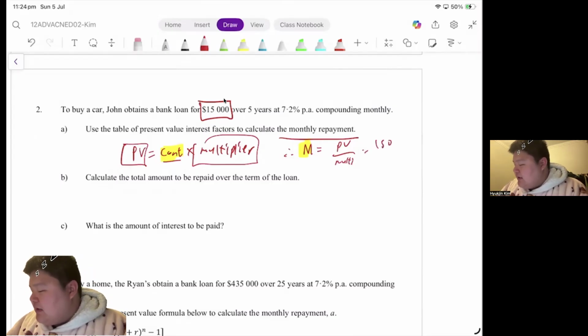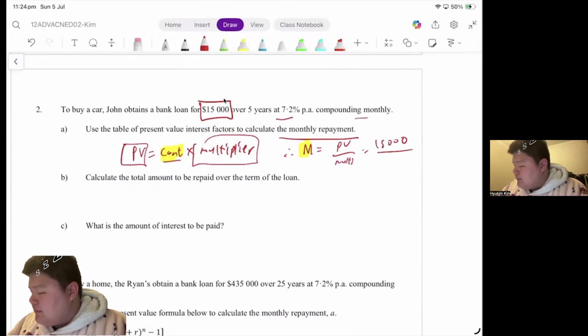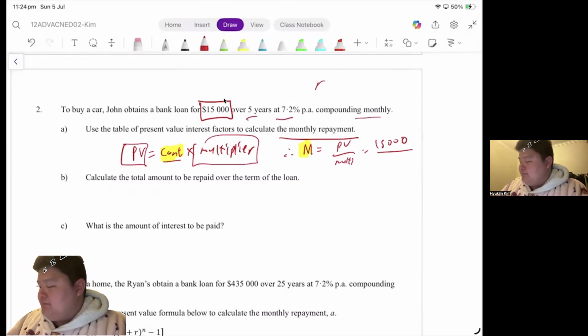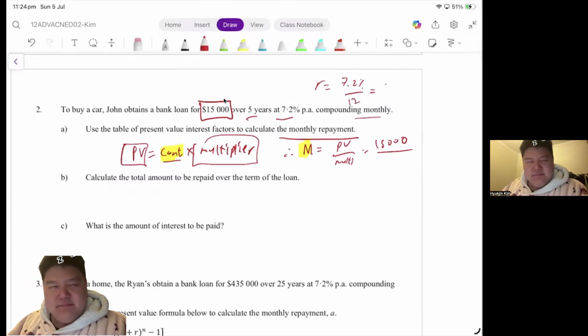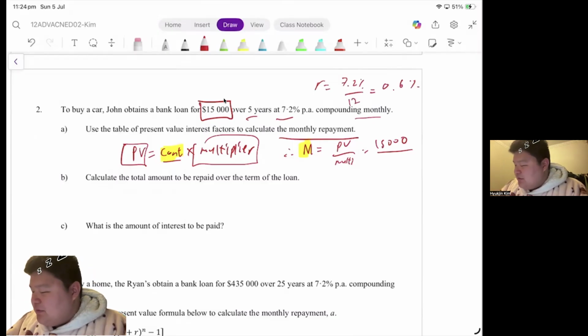So 15,000 over the multiplier. I'm doing this for 5 times 12, that's going to be 60.